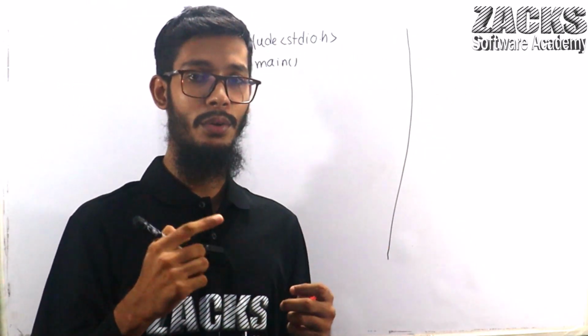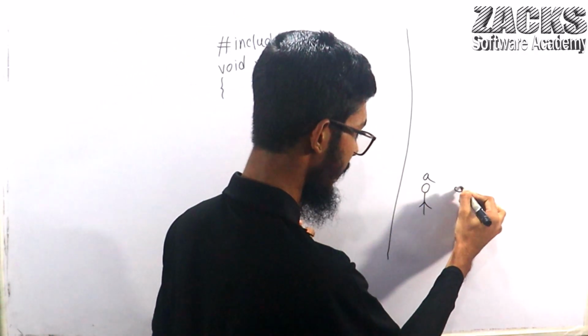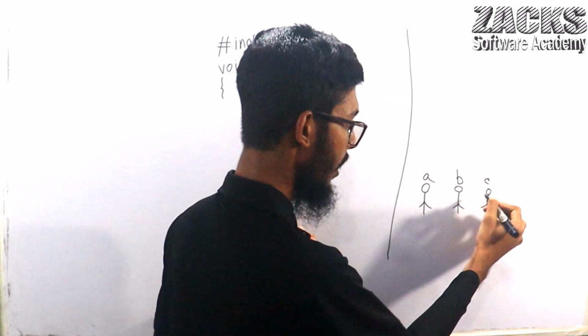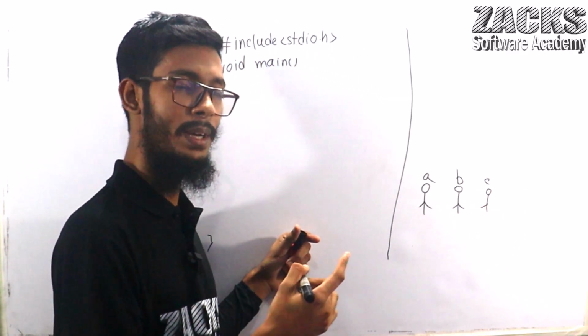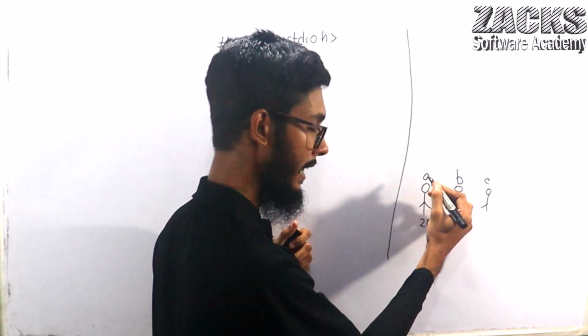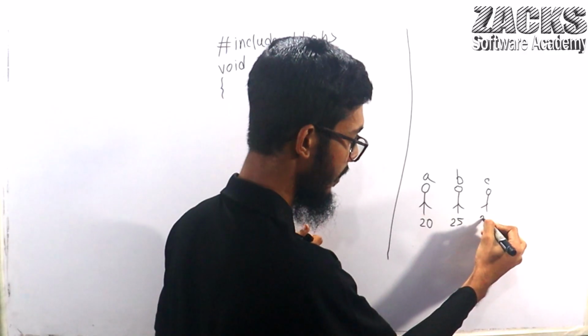So now consider there are three persons, person A, person B, and person C. Consider the age, or the property, whatever. Consider the age of A is 20, age of B is 25, age of C is 30.